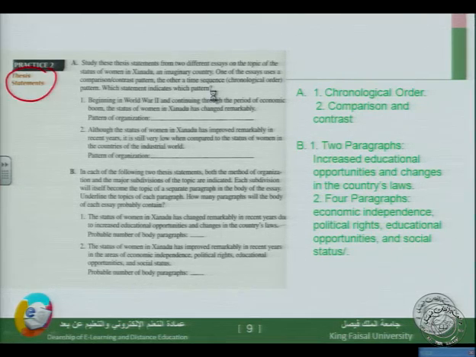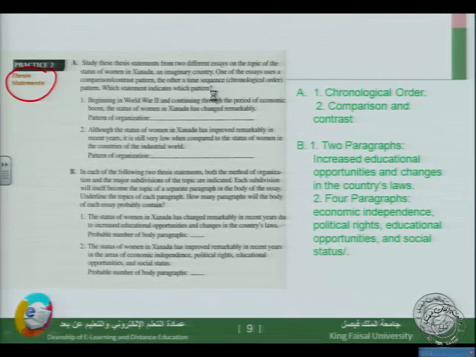Well, in this one, number A, say, study these thesis statements from 2 different essays on the topic of the status of women in Xando, an imaginary country. It's an untrue country. Just call it whatever you want. One of the essays uses a comparison contrast pattern, اللي هي المقارنة والمناقضة.